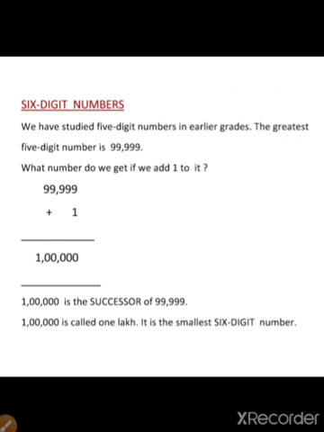It is 1, 0, 0, 0, 0, 0. It is the successor of 99,999. Students, successor means the next number. It is called 1 lakh and it is the smallest 6-digit number.